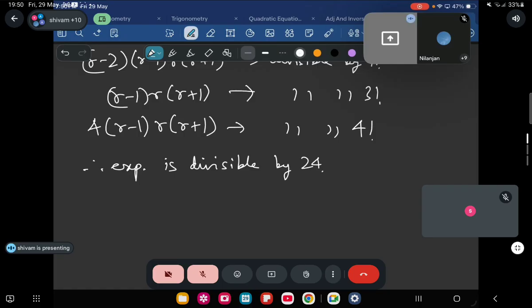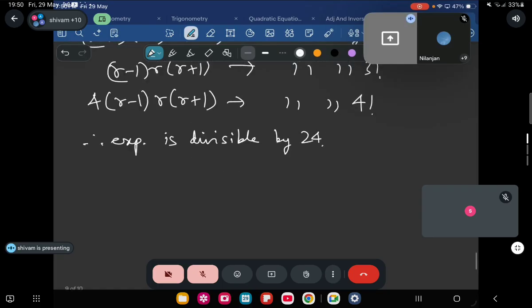Okay. Next, we are moving on to factors and multiples. Okay, everyone. Let us understand what are factors, what are multiples. HCF, LCM, factors, everyone.